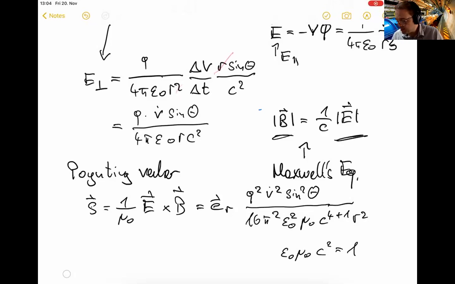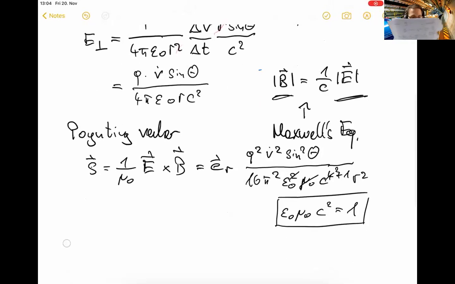So that's a basic relation in Maxwell theory, which means we can remove one of the epsilons, one of the mu's, and 2 of the c's, because that product is just 1.